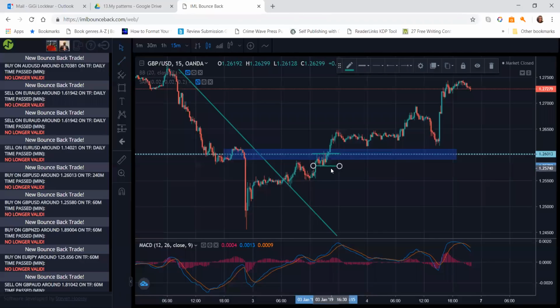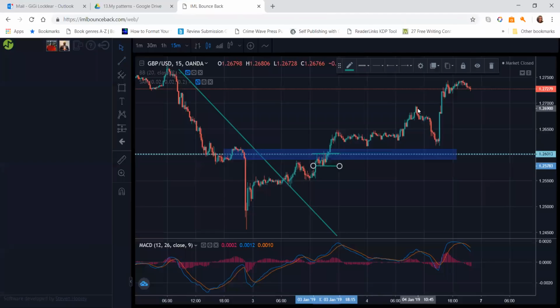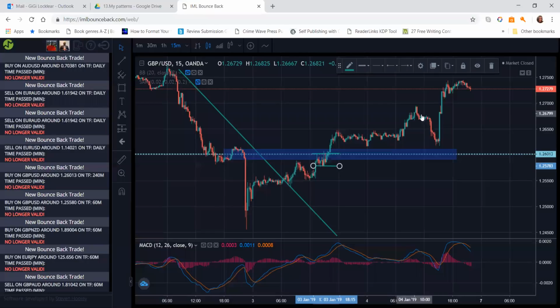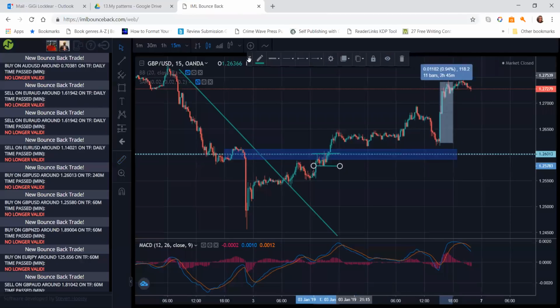Your stop loss would have been right here. When it started pulling back, if you were happy with 93 pips, you could have gotten out of the trade. When it retested and rejected off previous support, you could have got back in for another push to the upside, another 118 pips. So let's do one more.